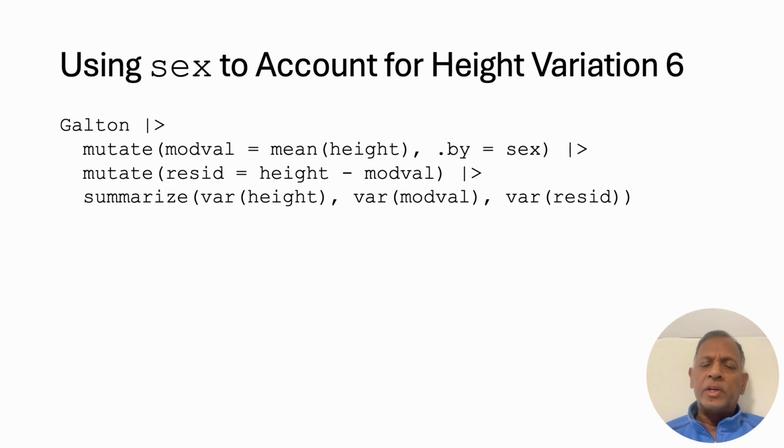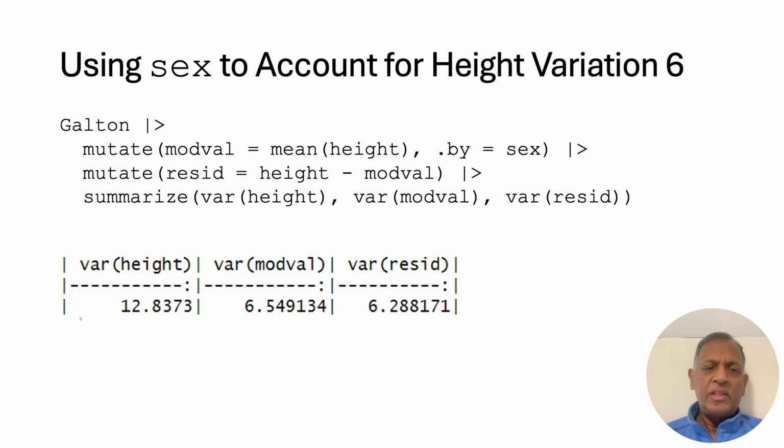In other words, the model value is the model's prediction for a particular person, the predicted height by the model, whereas height is the actual height. So the difference, height minus mod val, is what the model is not able to explain. You could say that is the residual over and above whatever the model is predicting. And now we see the variance of the height, which is the response variable, the model value, and the residual.